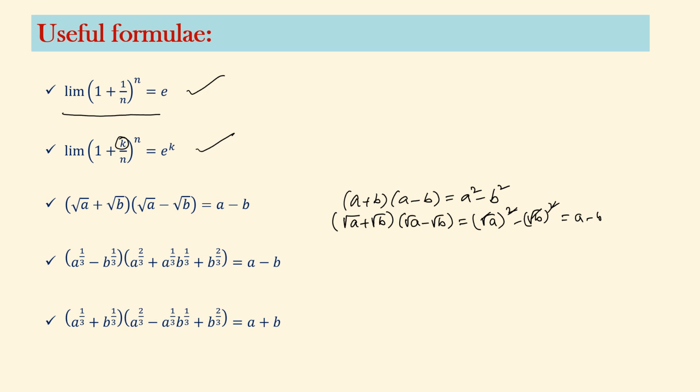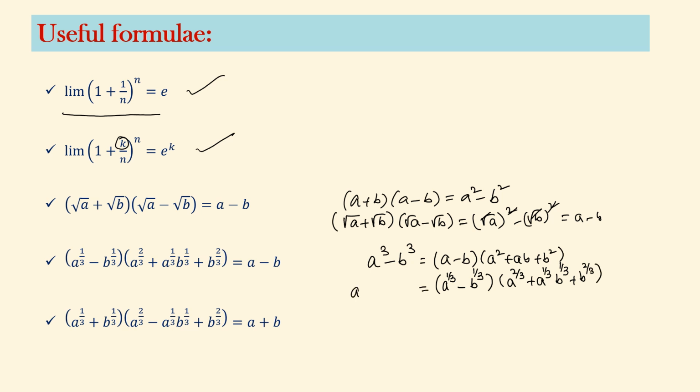What about this? This comes from the a cube minus b cube formula, which is (a minus b) into (a square plus ab plus b square). Here in place of a, we have a power 1 by 3, cube root of a, and in place of b, we have cube root of b. So this becomes a power 2 by 3 plus a power 1 by 3 into b power 1 by 3 plus b power 2 by 3. So this whole result will be (a power 1 by 3) whole cube minus (b power 1 by 3) whole cube.